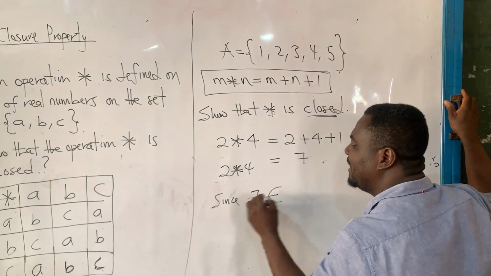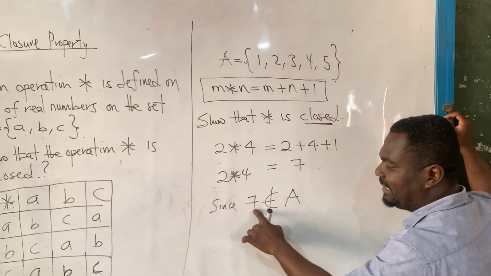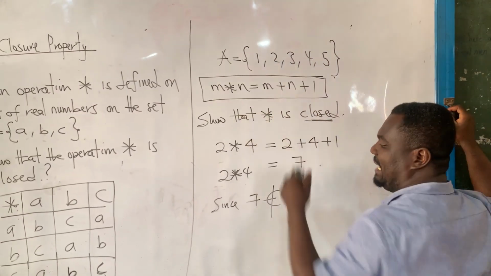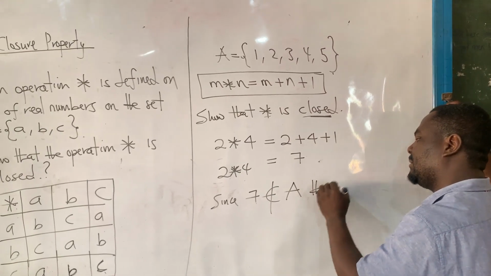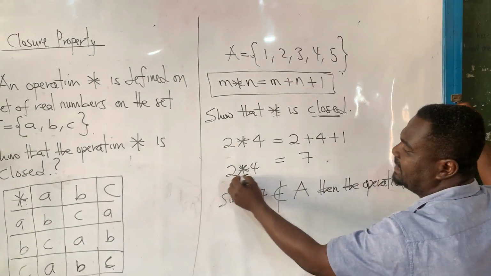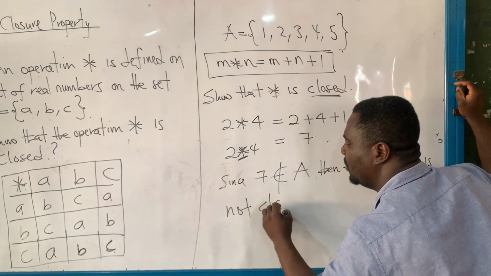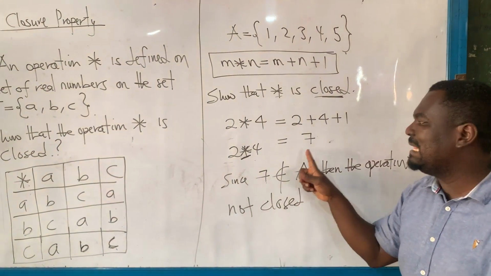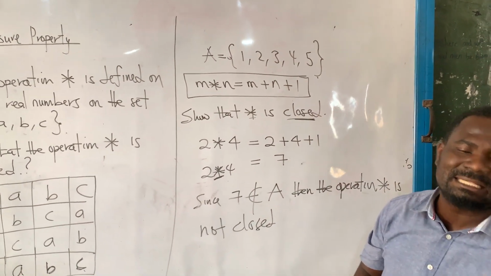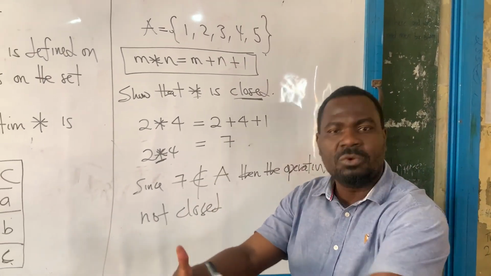So since 7 as the answer is not a member of set A, then the operation star is not closed, because the answer is not a member of the given set. In that case, it is not closed.